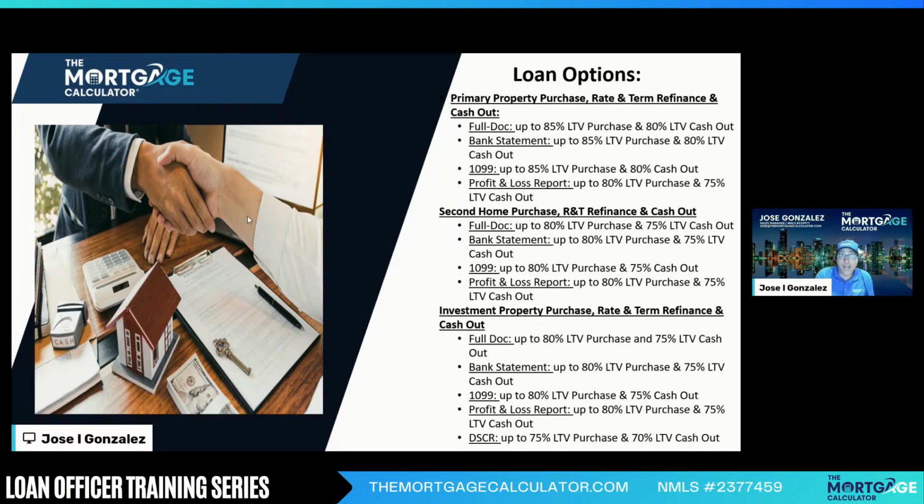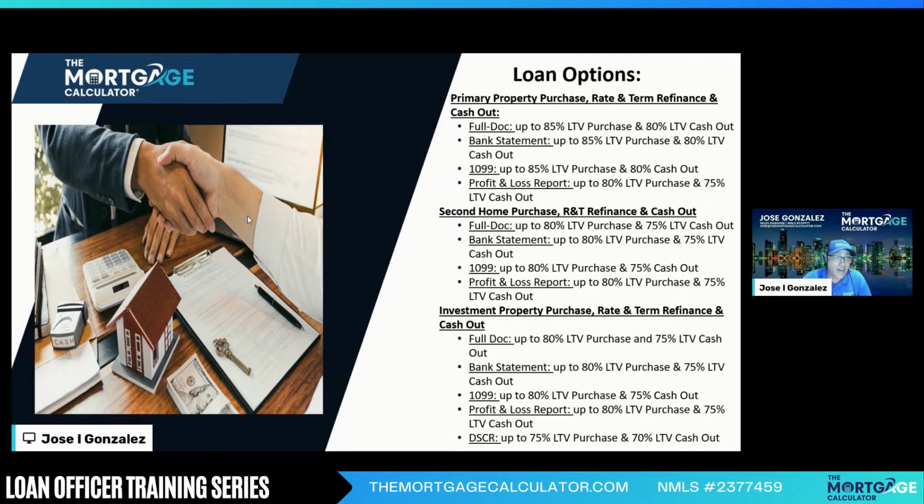A lot easier in that respect than a bank statement option, but they've got to be getting a 1099 to use the 1099 option, right? Sounds pretty self-explanatory. Up to 80% purchase and 75% cash out, and the P&L up to 80% purchase and 75% cash out for the second home options.